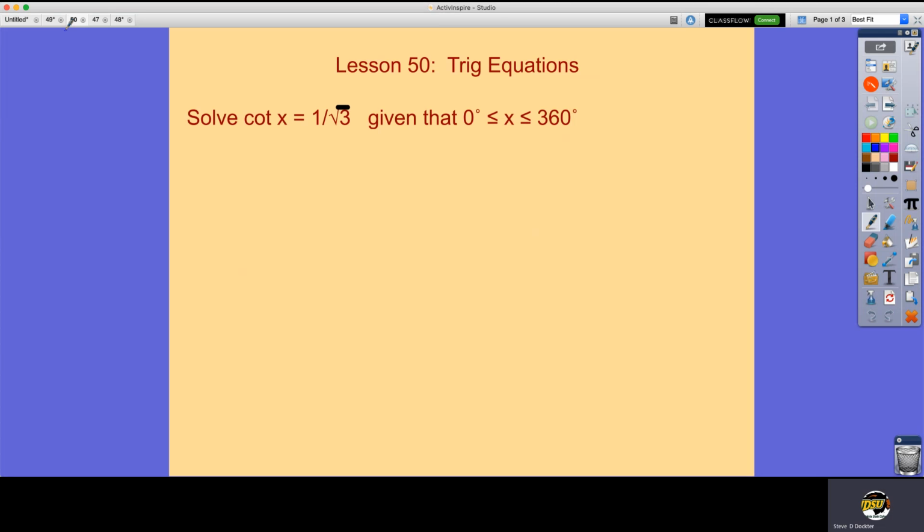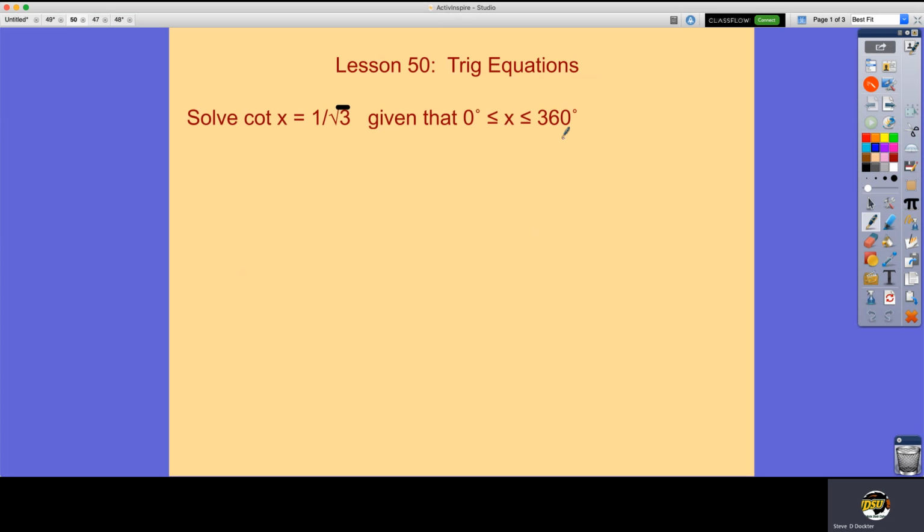Now, the biggest difference that you will see in this lesson compared to what we've done in the past is seeing our restrictions here. Our answers, we need to give all of the answers that fall between 0 and 360. That's what you'll see more of this semester, that there'll be restrictions a lot of the time.